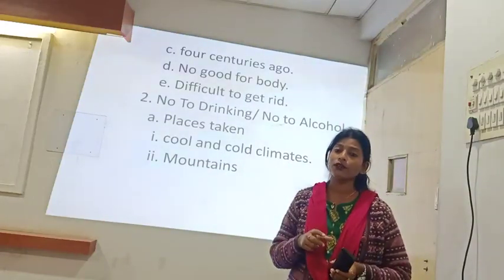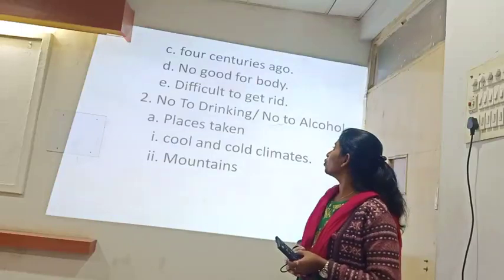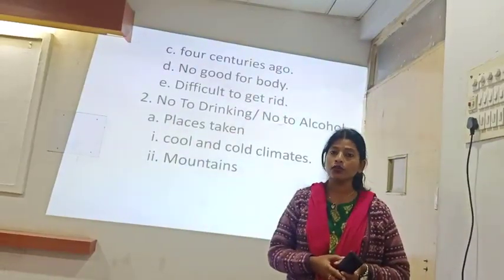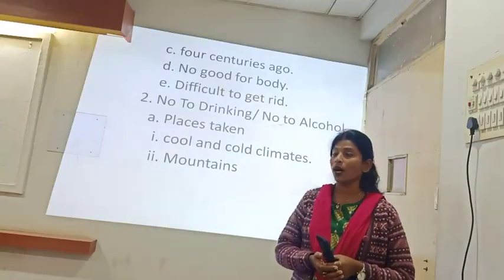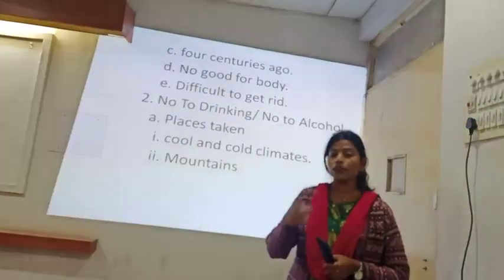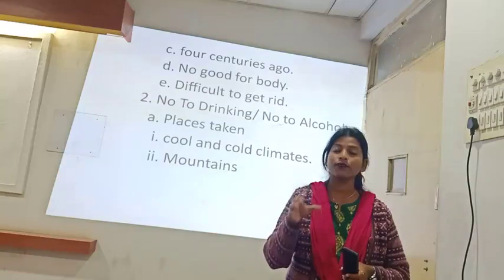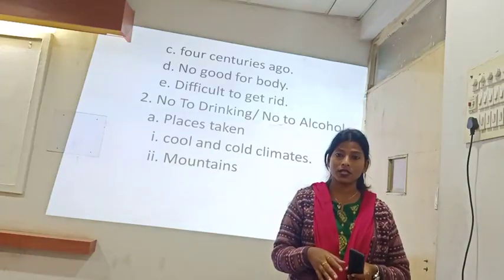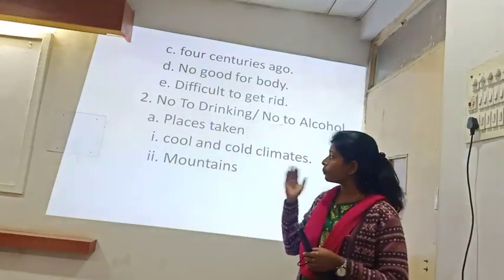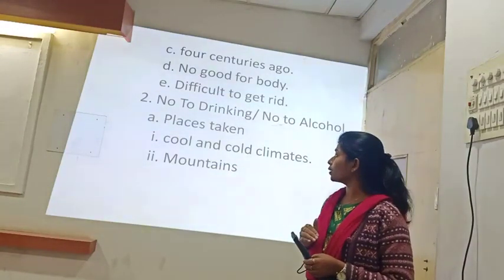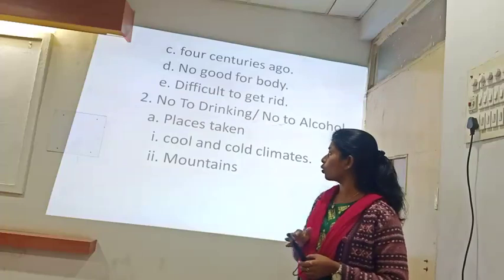Then next, para number 2. What subtitle have I given for para 2? No to drinking, or no to alcohol. Now what supporting point have I given? 1. Places taken. In your paragraph it has mentioned in which places alcohol is taken, so I have written places taken. Now I have subdivided it. Where do people take alcohol? 1.